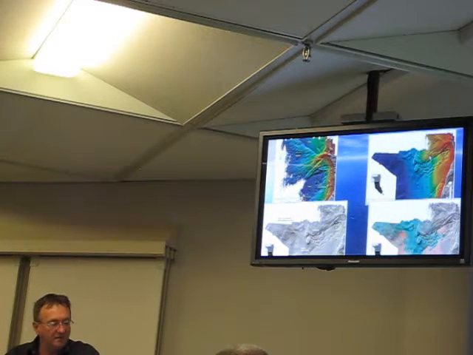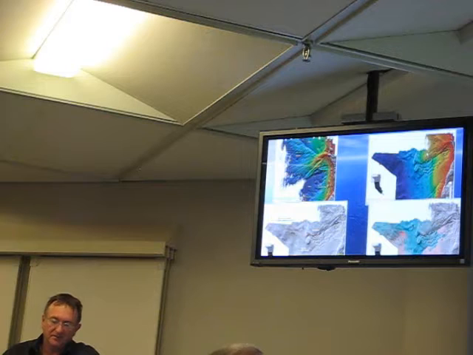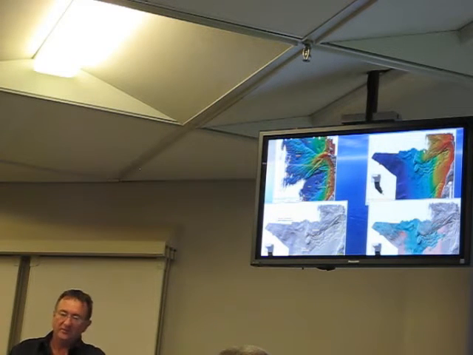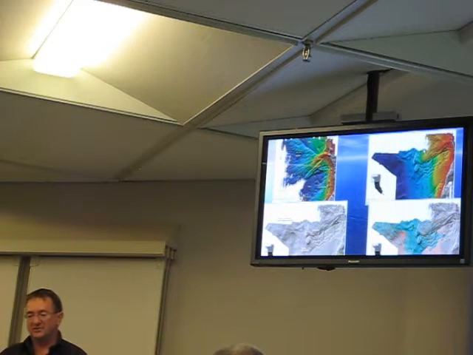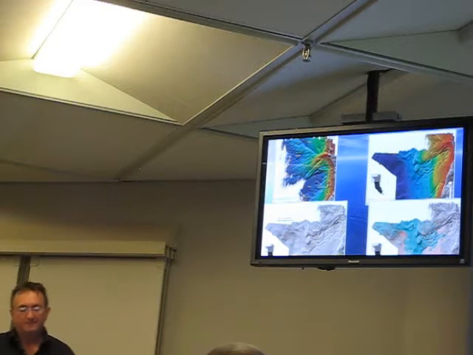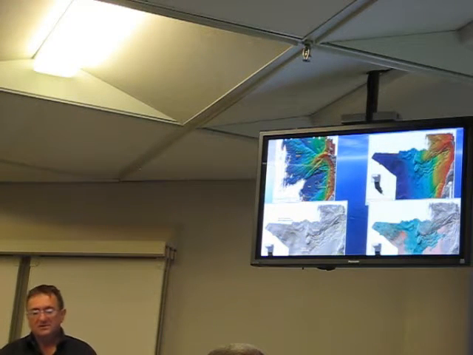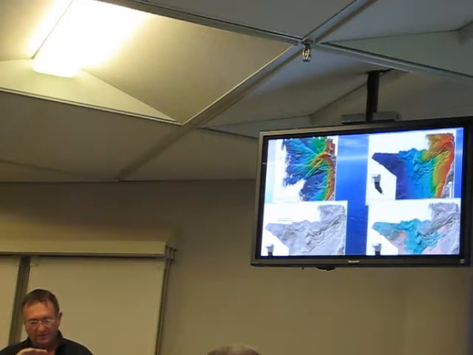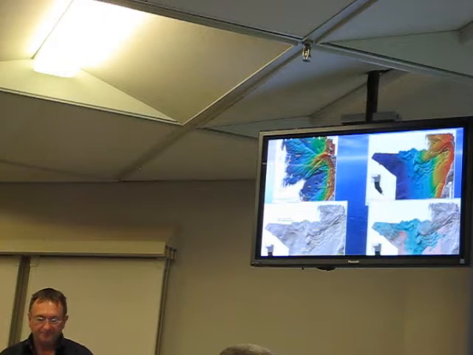And then we have a tide datum, a chart datum ellipsoid separation model. So the depths on our charts have to be referenced to chart datum, which is low water, which varies a lot. So we have a model then to transform the values from ellipsoid heights to chart datum.